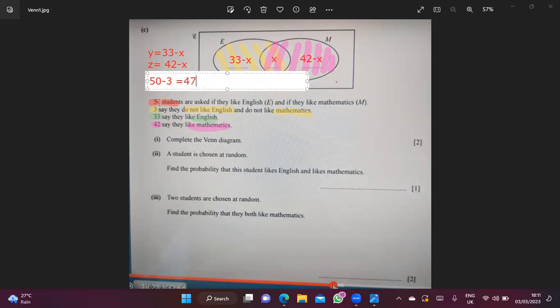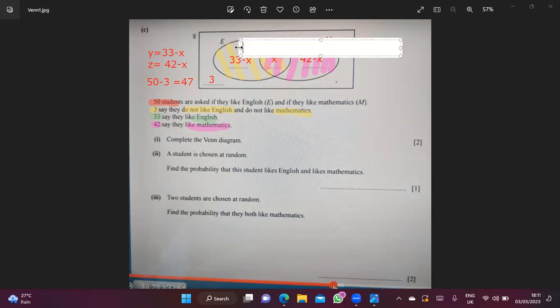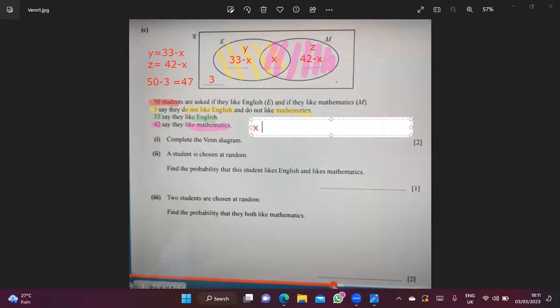We're almost out of time here, inshallah. Just finish this. There you go. So, am I correct to say that this is y, this is y, this is x, and this is z? And you can see it very clearly there. Am I correct to say that x plus y plus z equals 47? Yes. So we just total it out using algebra.